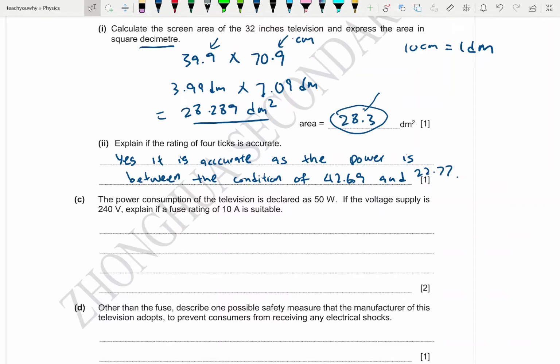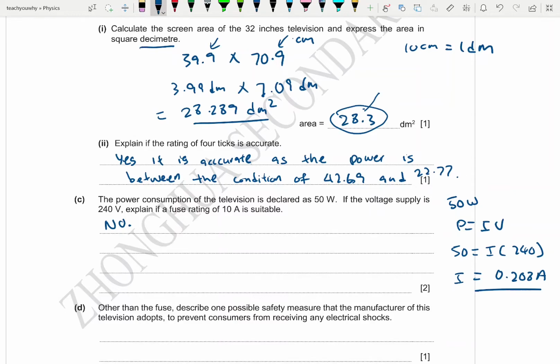Explain if a fuse of 10 amp is suitable. So let's see, what's the power? Power is 50 watts. Power equals IV, so 50 equals I times 240. Let's calculate the current that will pass through this TV. So I equals 50 divided by 240, about 0.21 ampere. So the answer is no. Why is that no?